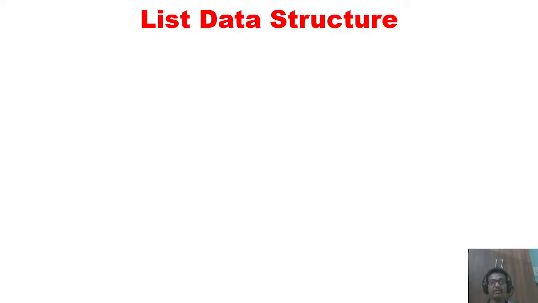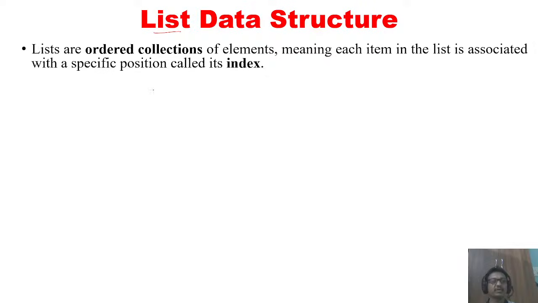Okay, so today we will talk about this list data structure. Lists are ordered collections of elements. What does it mean? Each item in the list is associated with a specific position, called an index.